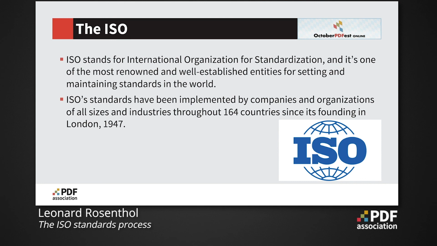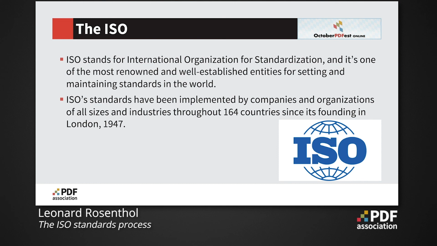It is the International Organization for Standardization, as the name says. It represents 164 countries at this time, and it's been around the longest since 1947 when it was founded in London. So we're sitting here on the shoulders of giants.